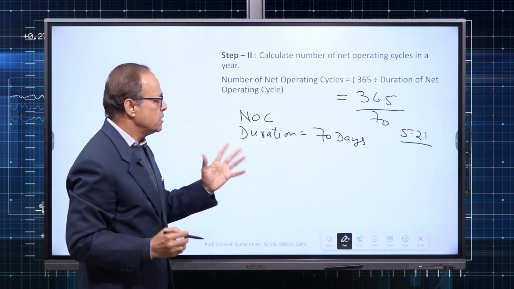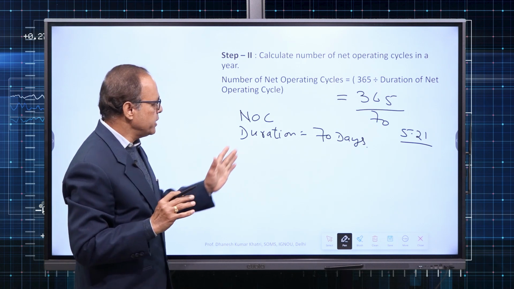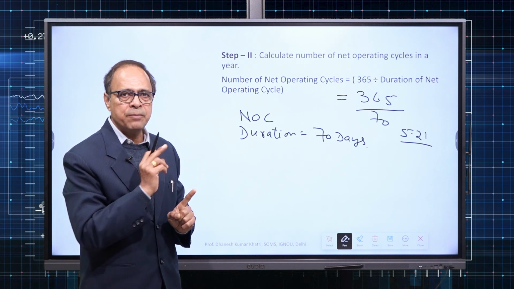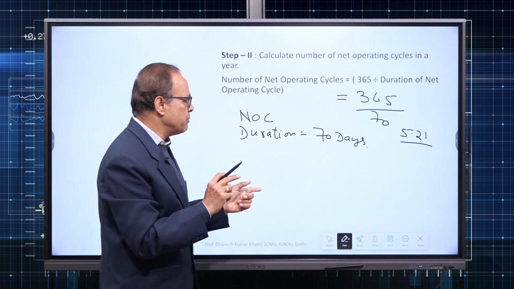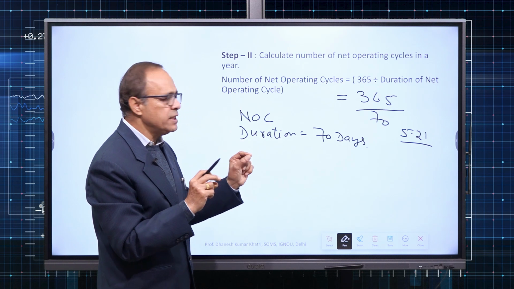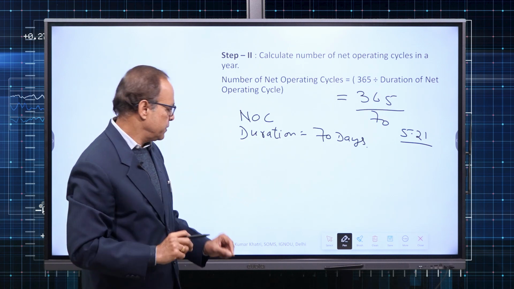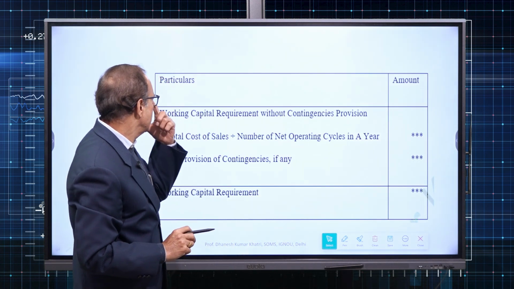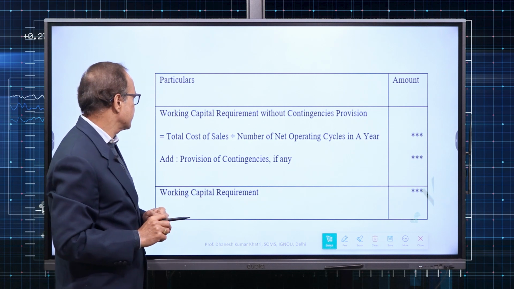Now, that is the simple fundamental to calculate and use this particular number of cycles in a year. So, step number 1, calculate duration of net operating cycle. Step number 2, find out how many such cycles will be there in a duration of 1 year. Then working capital requirement can be estimated like this.